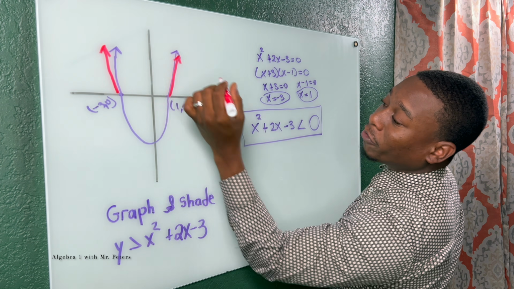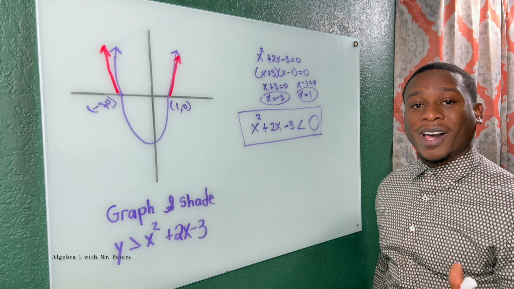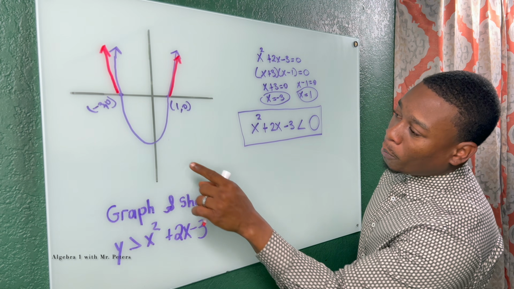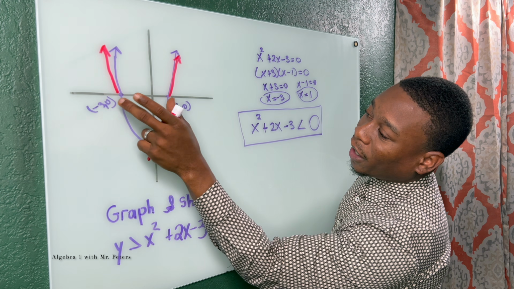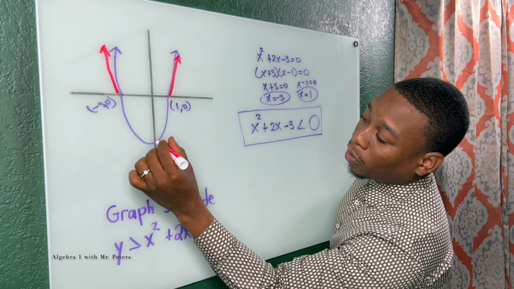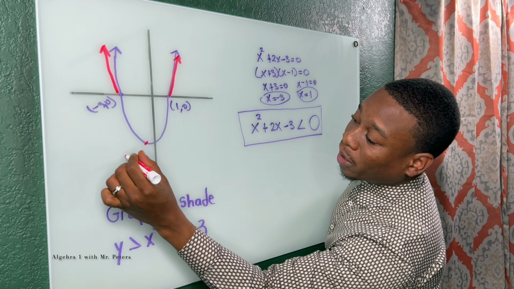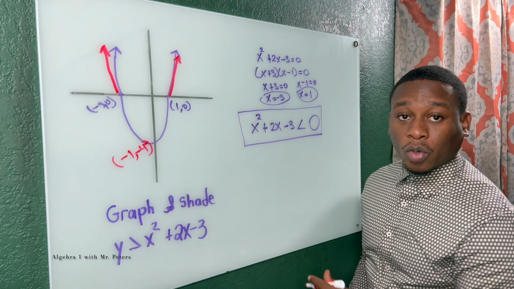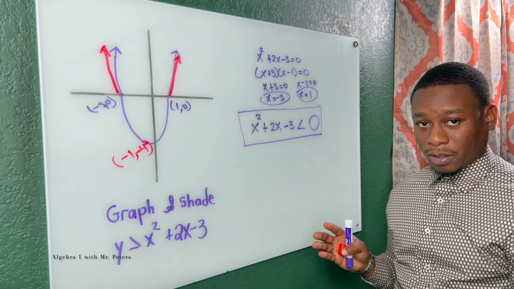If we plug in any value greater than 1, the y values are going to be greater than 0. But in between our x-intercepts, we notice what? Any x we plug in, such as x equals -1, we know the y is going to be -4. So these are the values we are interested in.